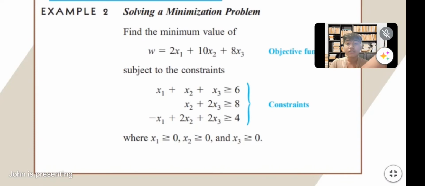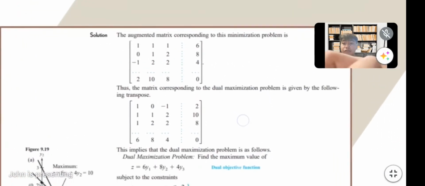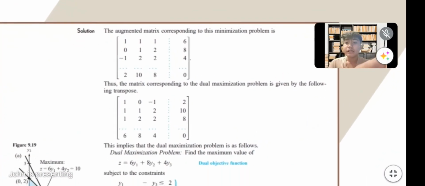The constraints are x sub 1 plus x sub 2 plus x sub 3 is greater than 6, then x sub 2 plus 2x sub 3 is greater than 8, and so on, where x sub 1 is greater than 0, x sub 2 is greater than 0, and x sub 3 is greater than 0. So next, the solution is just the same.